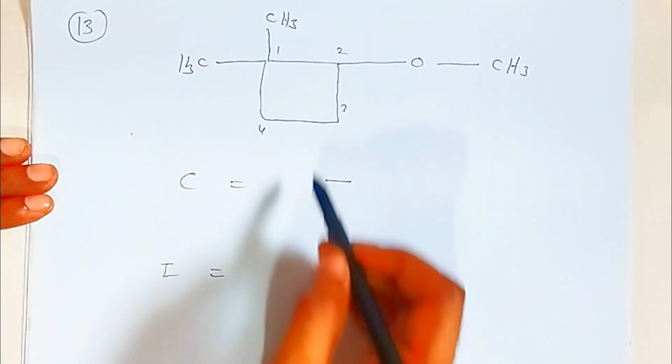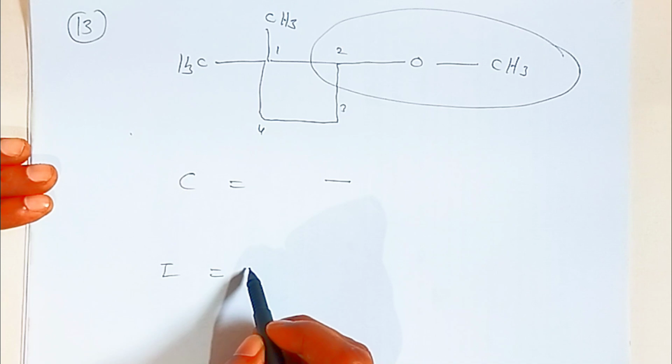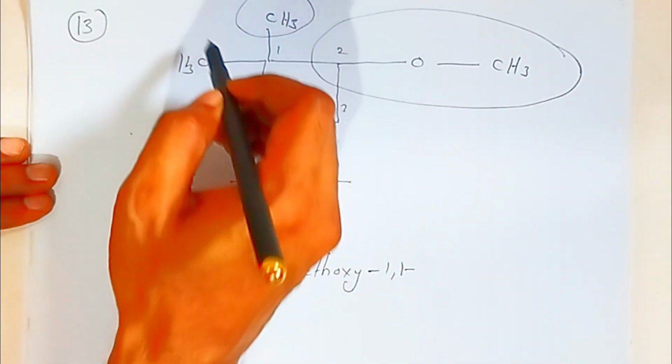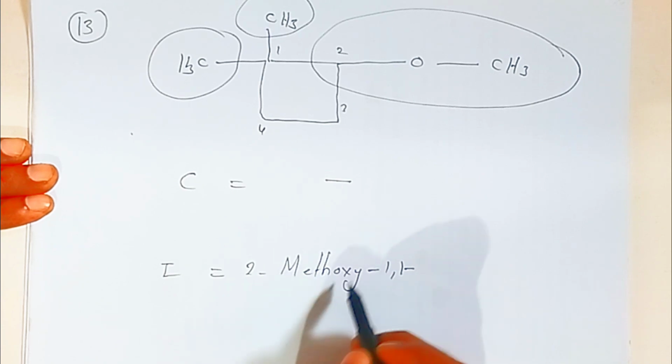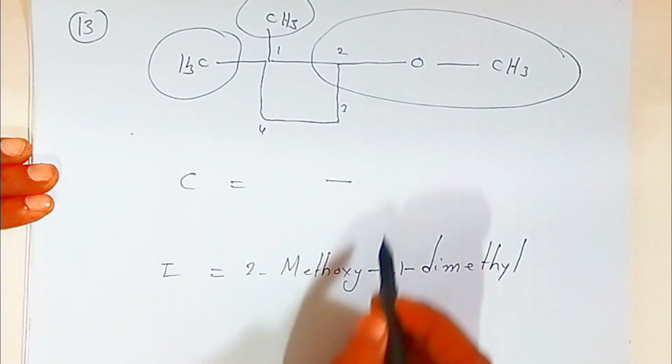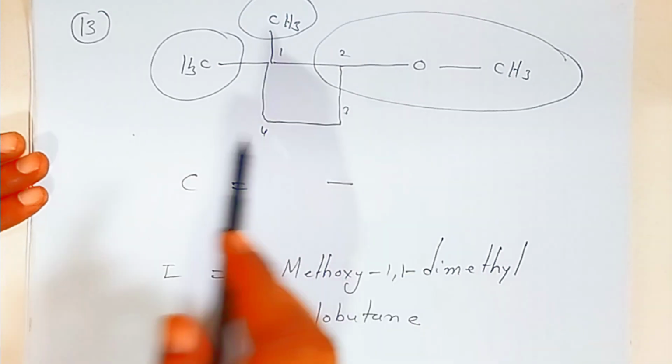So this is nothing but 2-methoxy. At carbon number 1 you have 2 methyl groups. So 2-methoxy-1,1-dimethylcyclobutane will be the name of this molecule, students.